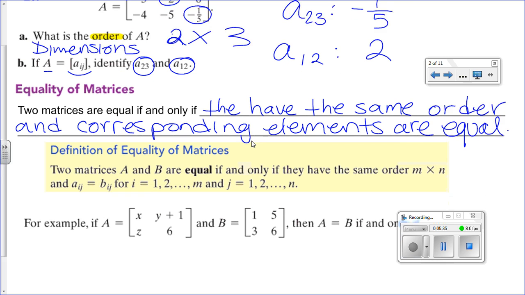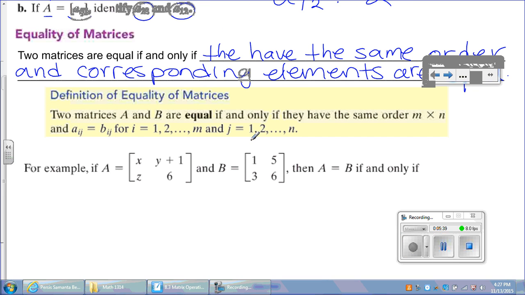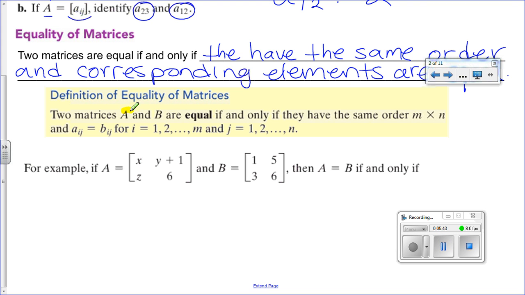And of course, we have a more formal definition here. I do want you to pay attention to it. So we have the two matrices, let's call them A and B. They are equal if and only if they have the same order, which is the same thing we mentioned.